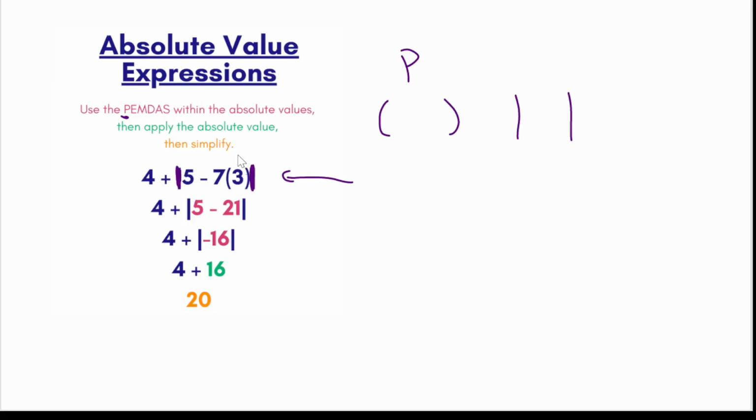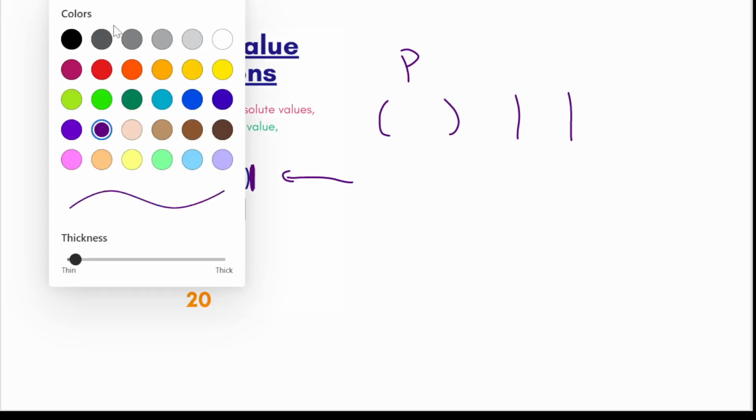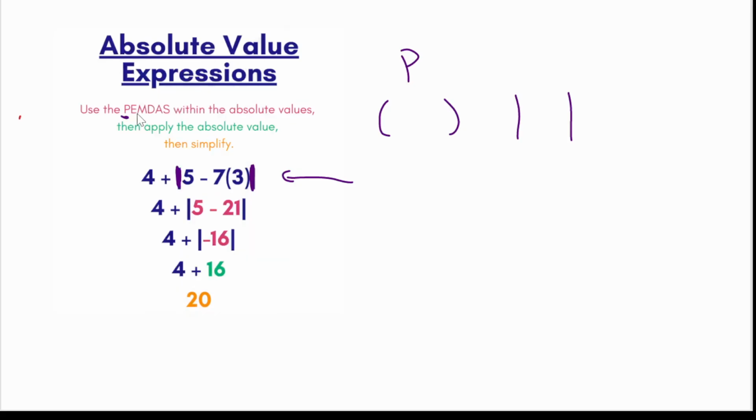And then you're going to zero in on what's going on on the inside there. The next thing you're going to approach is multiplication and division, which remember is really the same step in terms of order of operations. But I have a 7 times 3 here that we have to tackle. Well, 7 times 3 gets us 21.